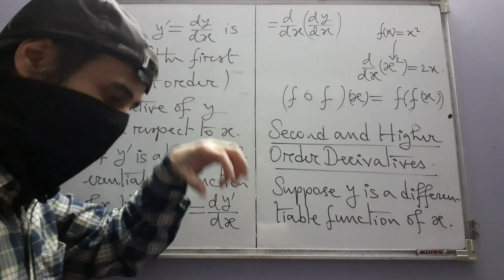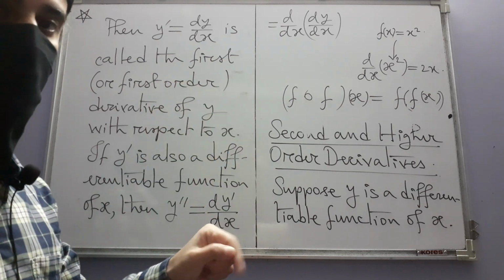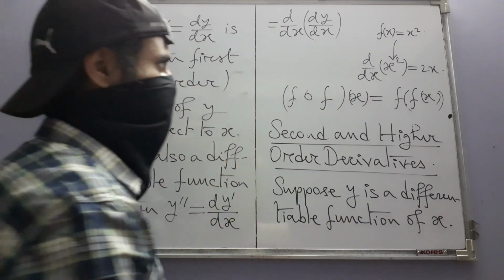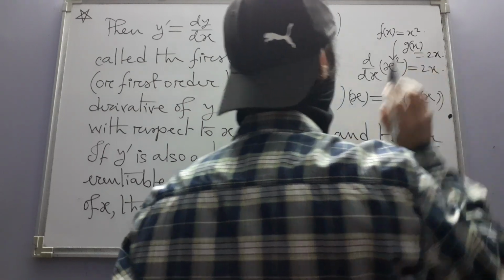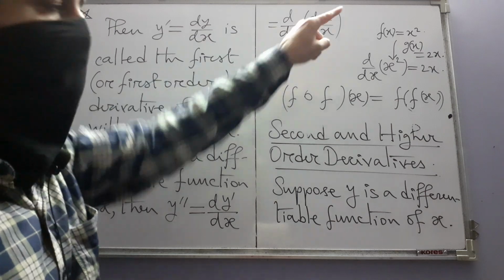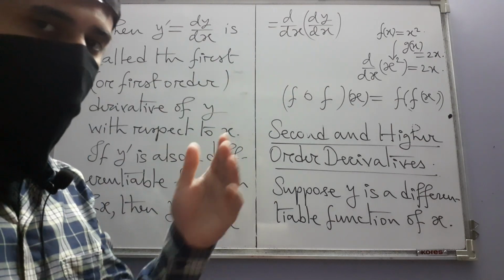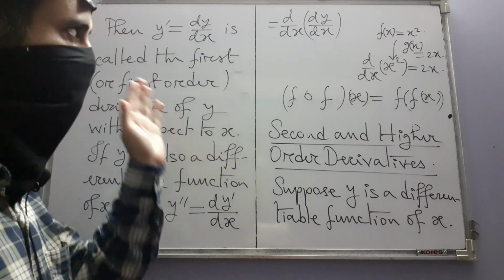That function itself is the input. And what does differentiation give us? It gives us another function as output, which is g(x) equal to 2x. In that sense, you have to see this. This is actually composition. Applying the differentiation function two times on y successively.